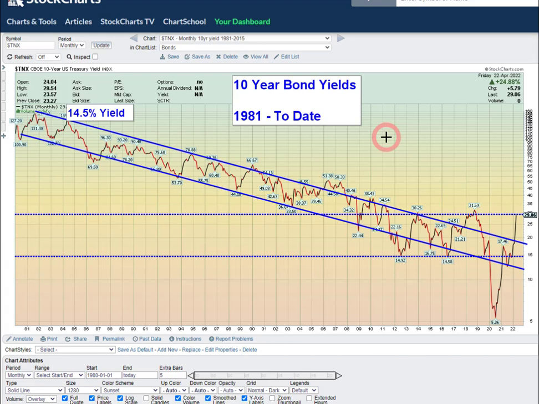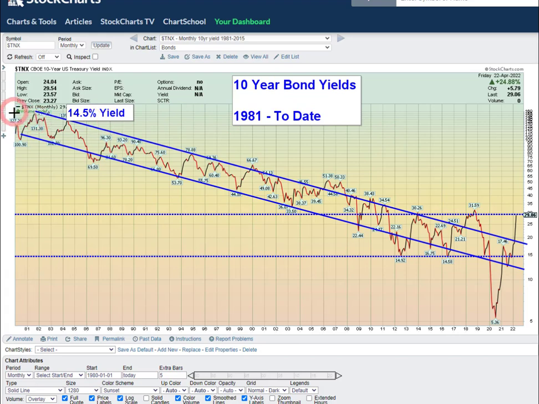And if you go out into the financial resources and find yourself a 100-year chart of bond yields, you will see that there was a 40-year bull market in rates from 1940, start of World War II, to 1980, where interest rates peaked or bond prices bottomed.